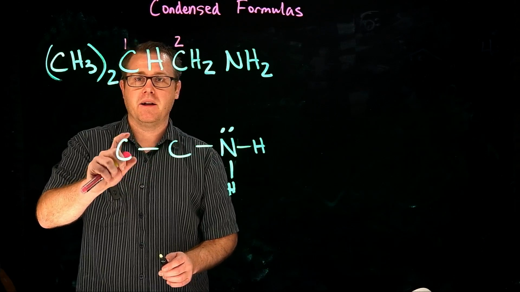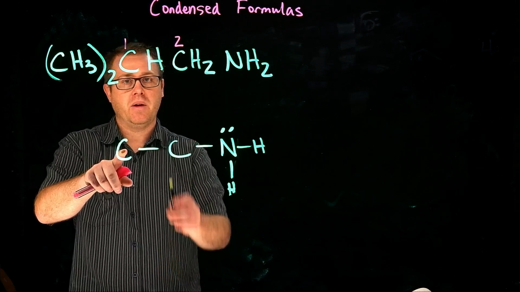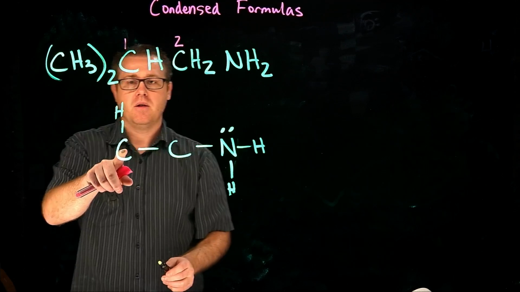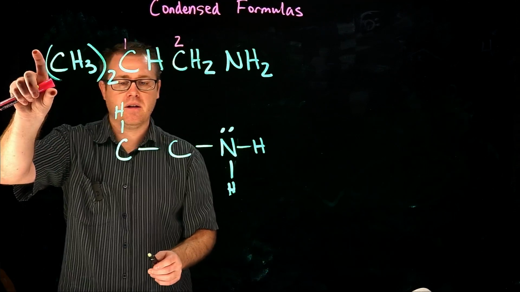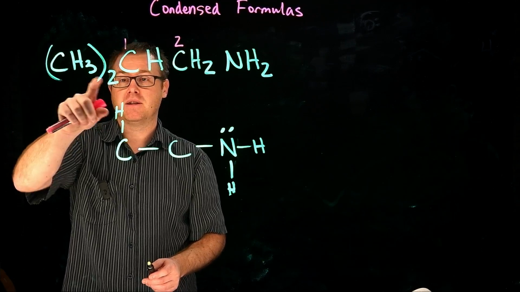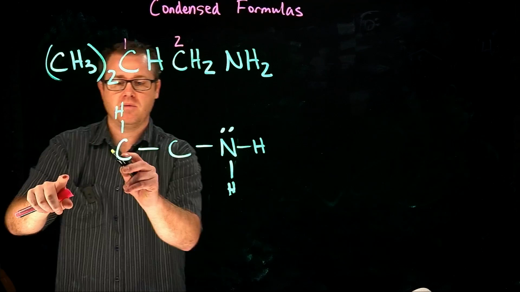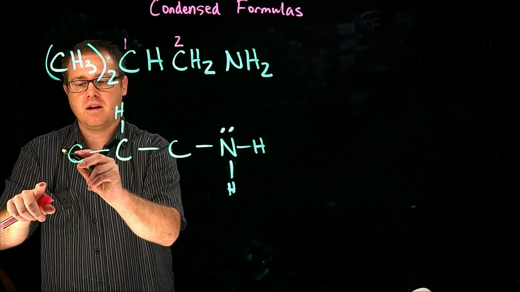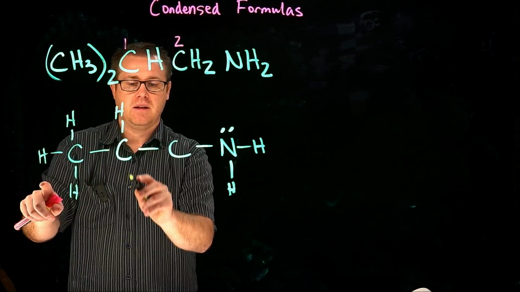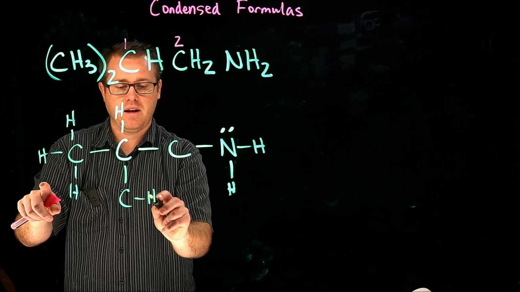Now carbon 1 here, I'm showing that it is bonded to 1 hydrogen. But in parentheses over here, it shows that I have 2 methyl groups that are directly attached to carbon 1. So we can draw our methyl, one of them right here, and then the other right here.